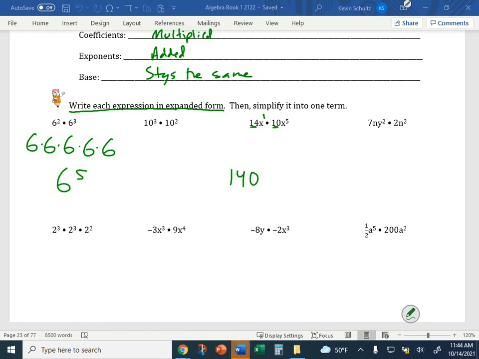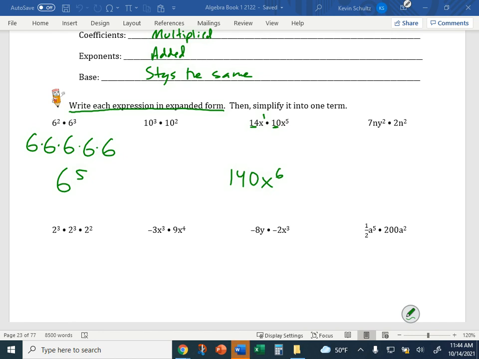And we can see that by adding 1 and 5. As far as my base of x, my base doesn't change. That stays the same. And so this expression simplifies to be 140 x to the 6th. The 140 came from multiplying my coefficients, 14 and 10. The x to the 6th came from adding the exponents, 1 and 5.